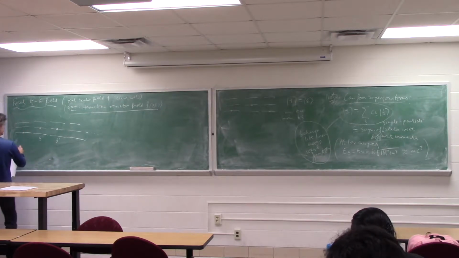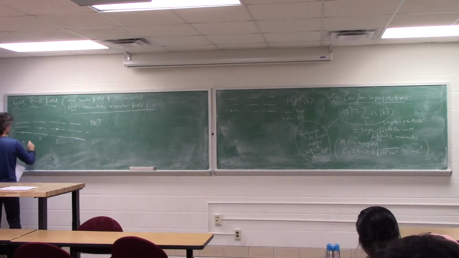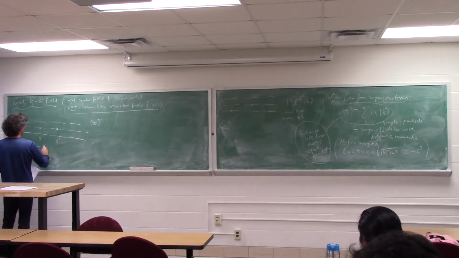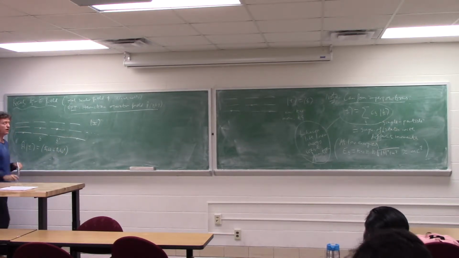So you find here that what happens is called the state psi. It's an eigenstate of the total Hamiltonian, and the eigenvalue, as you might guess, is h bar omega plus h bar omega prime.